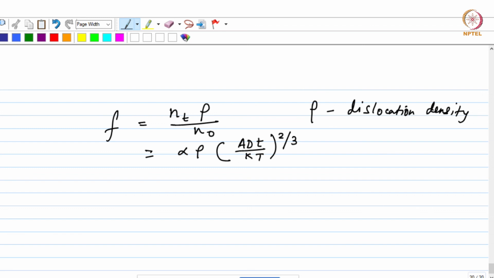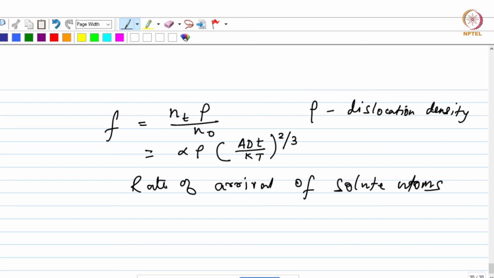Right, so from here you can see that the rate of arrival of the solute atoms varies as t to the power 2/3. Okay, so this shows you the time dependence of this solute segregation along the dislocations, right?